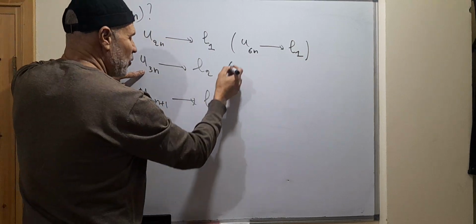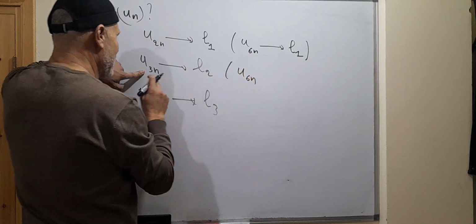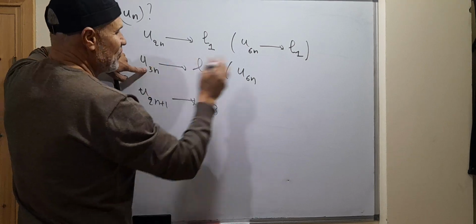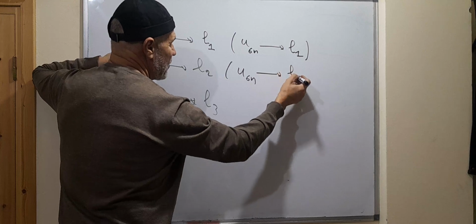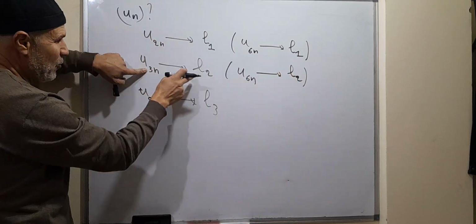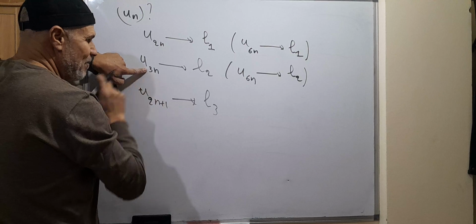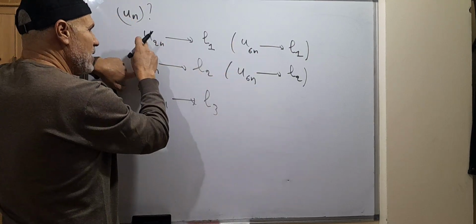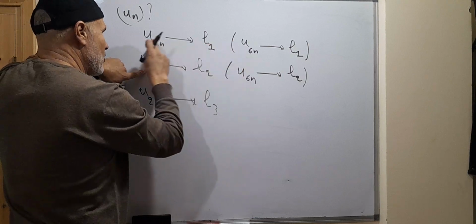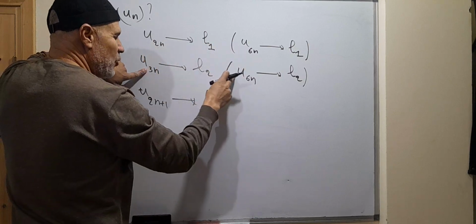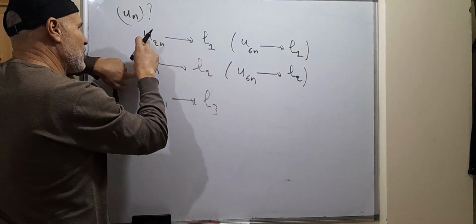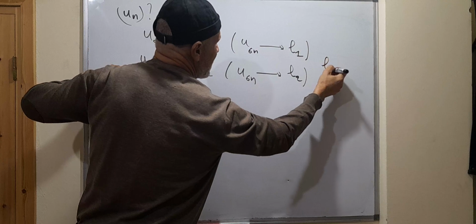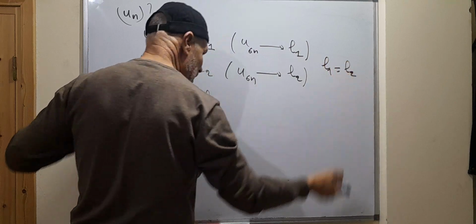From this one, we can deduce u_{6n} by multiplying n by 2, which is a subsequence of u_{3n}. u_{6n} is a subsequence of both u_{2n} and u_{3n}. This means that necessarily L1 is equal to L2.